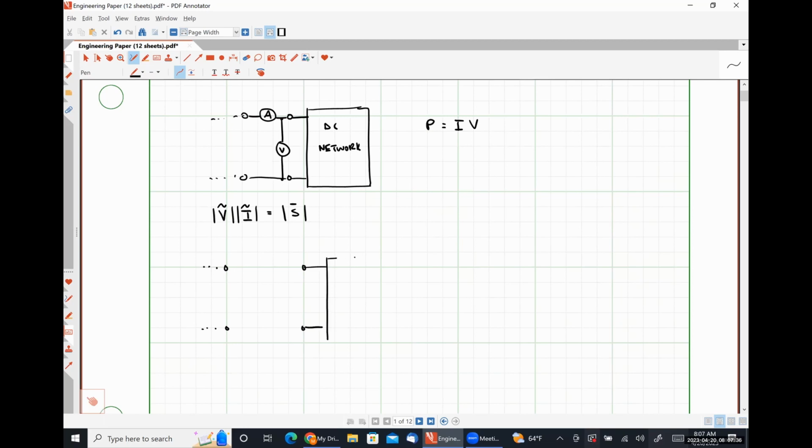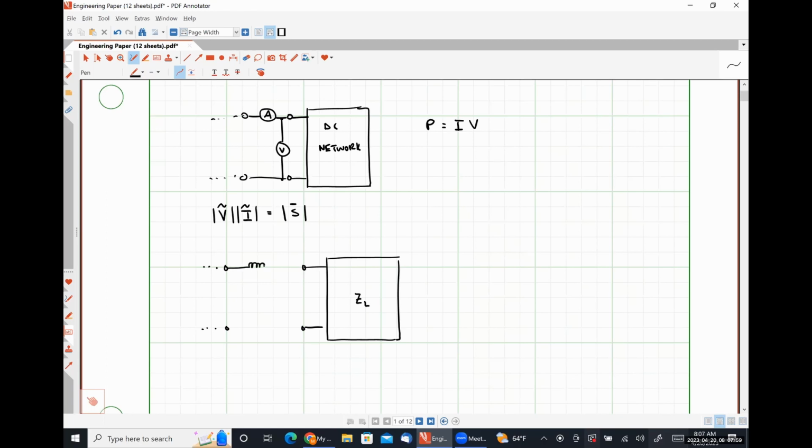I don't particularly care what this load impedance is, so I'm just going to represent it by some impedance ZL. I would put a wattmeter in between the rest of the circuit and the load that I'm trying to measure. So a wattmeter is a specialized device that consists of two coils.